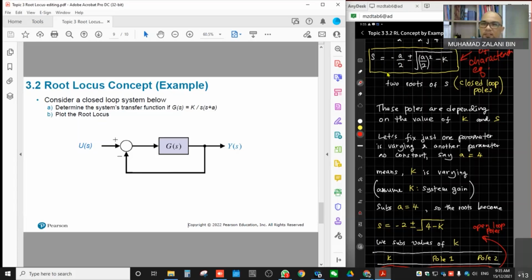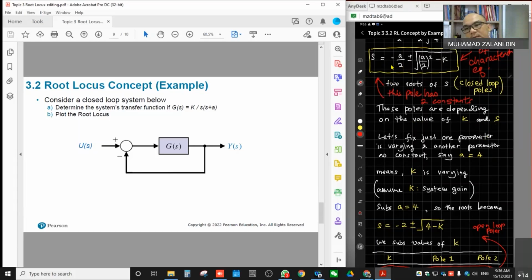So as you can see, this pole has two constants, which are K and A.